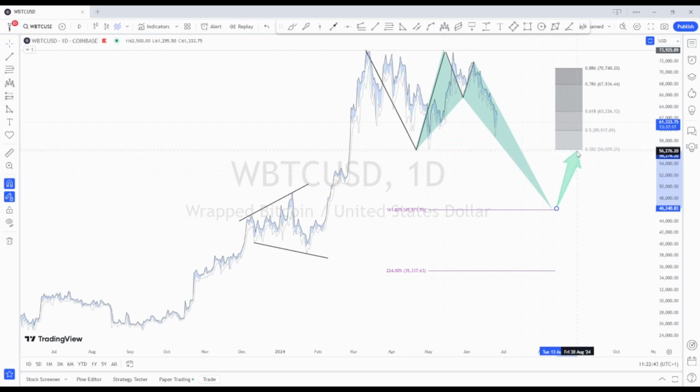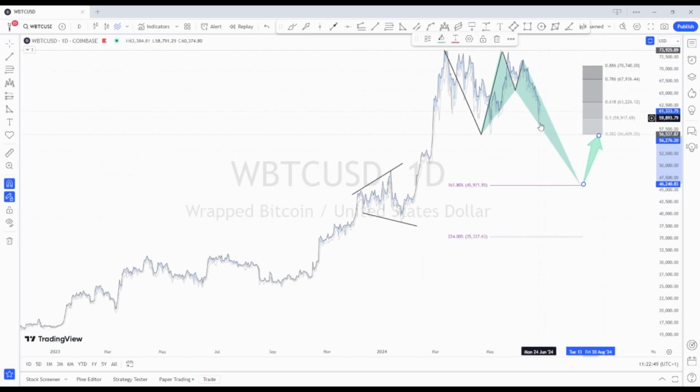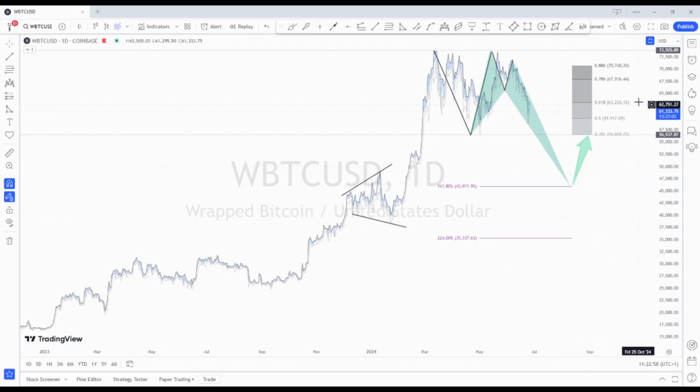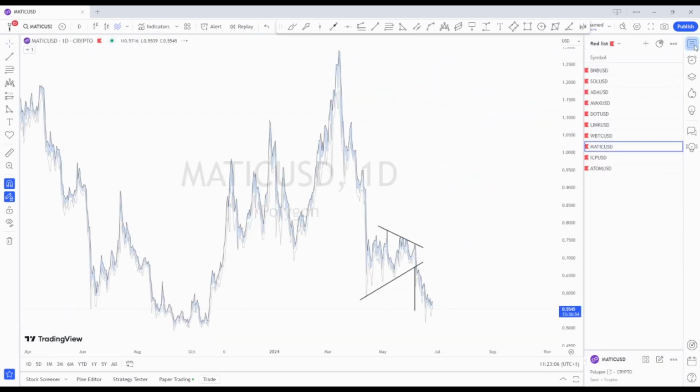So everything makes sense, but it will make more sense if the pattern gets completed. So for now it's just speculation. I don't know if that will happen, but I will expect something to happen if that pattern is complete. Basically a bullish crab pattern at 45.97 to pay attention to.